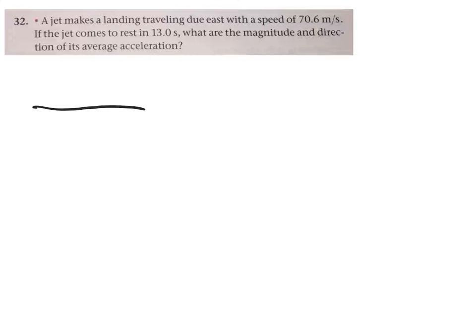And although the problem isn't 100% clear, they really mean after the thing has touched down. So here's our jet, and it touches down with some initial speed v0, which is 70.6 meters per second.